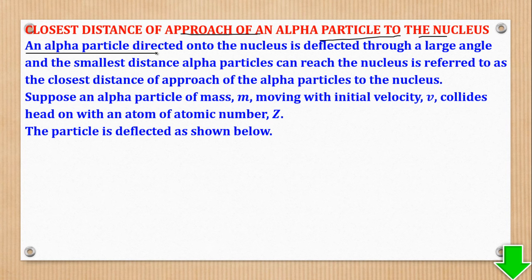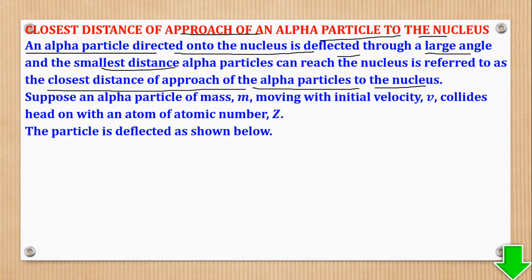So an alpha particle directed onto the nucleus is deflected through a large angle, and the smallest distance alpha particles can reach, note this word, smallest distance, can reach the nucleus is referred to as the closest distance of approach of the alpha particles to the nucleus.